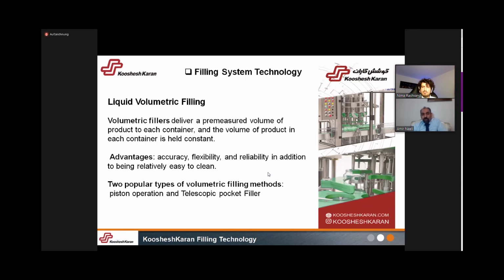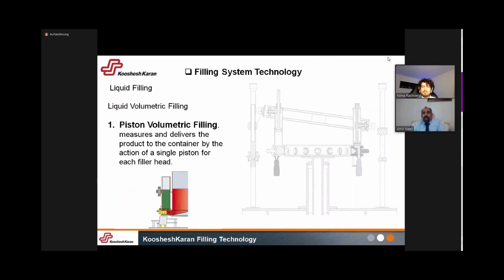Okay, for volumetric filling, now we speak about piston operating and telescopic pocket filler. As you remember, when I explained about the piston rotary filling, I said I would explain this kind of machine later.